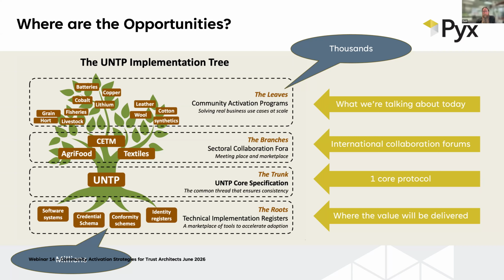But it is not a place that is going to define any extensions. It's a meeting place and a marketplace, not a place where extensions will get defined. Where that work occurs is in the community activation program.